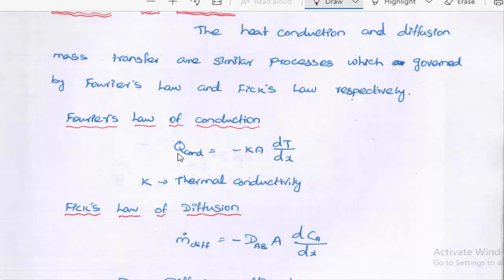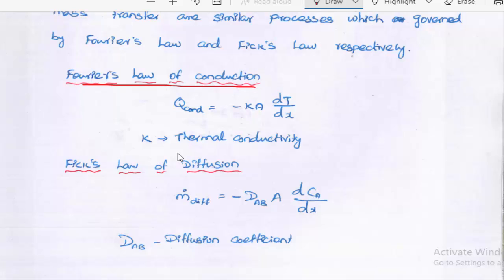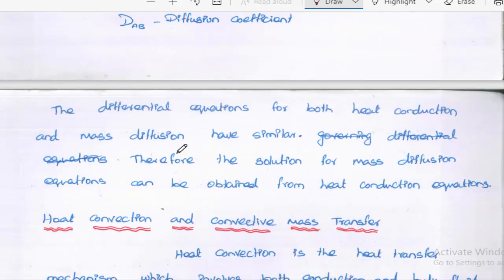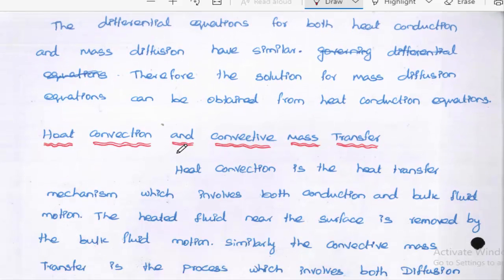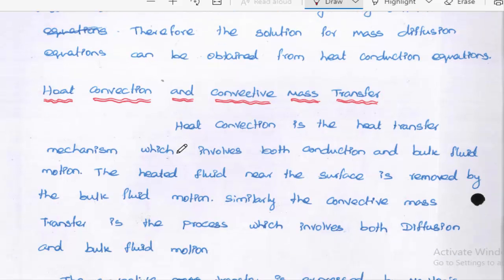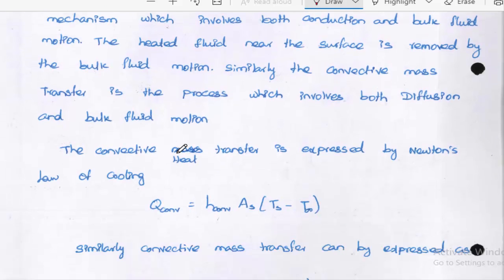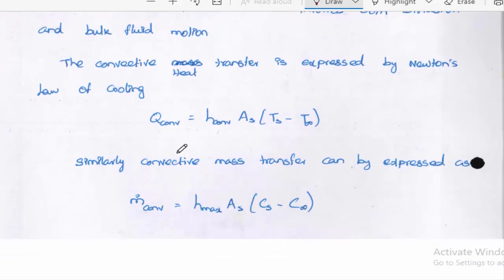As I already told you, conduction takes place because of Fourier's law of conduction, and diffusion takes place because of Fick's law of diffusion. These similarities are the analogy between heat and mass transfer. Similarly, convective mass transfer and heat convection have a similar approach and similar concept. So these two have to be studied simultaneously.